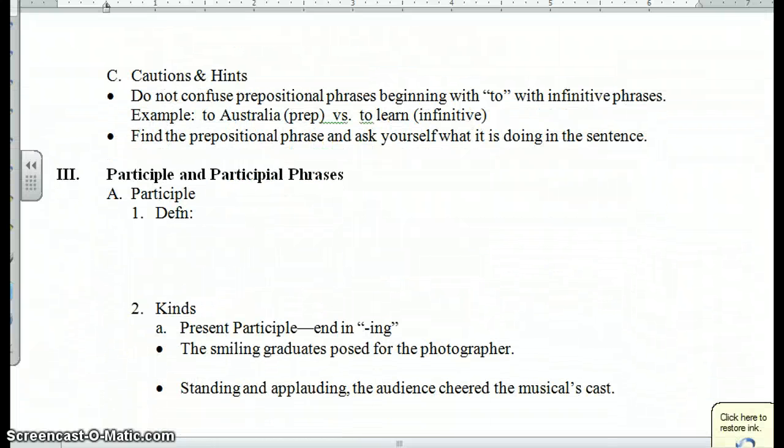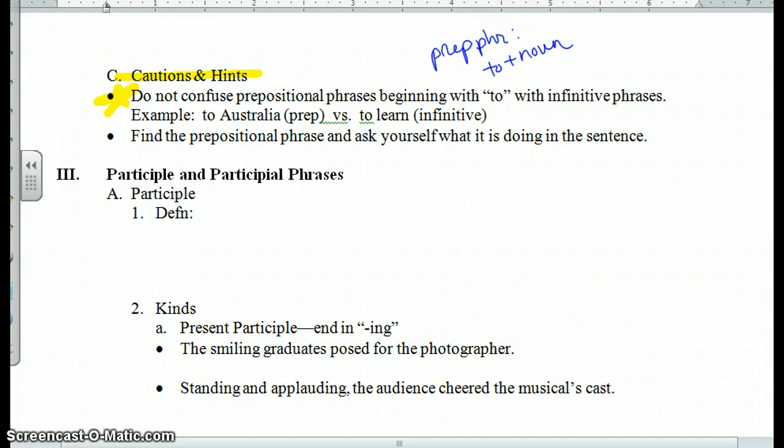So some cautions and some hints. In addition to what I was just talking about, moving them, be careful to not confuse preps beginning with to with infinitive phrases. There's more on that in the infinitive phrase video, but remember prep phrases are always going to be to plus a noun. Infinitive phrases are going to be to plus a verb.